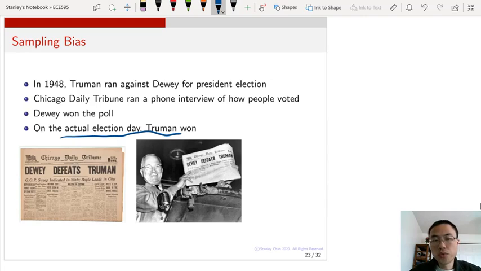So what could go wrong in this event? Well, you may be very puzzled because when you conduct a survey and the survey says that one candidate is likely to win, however, on the actual day, the other person won the election. The thing that went wrong is this word, phone interview.